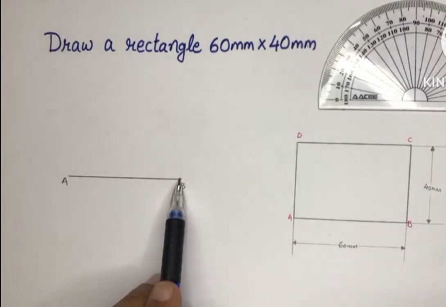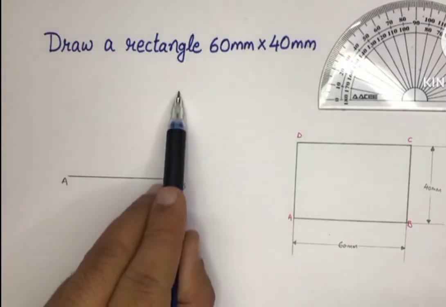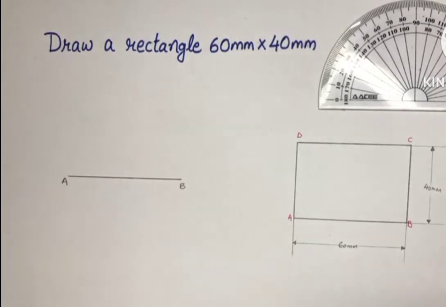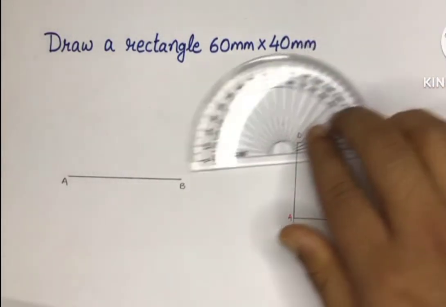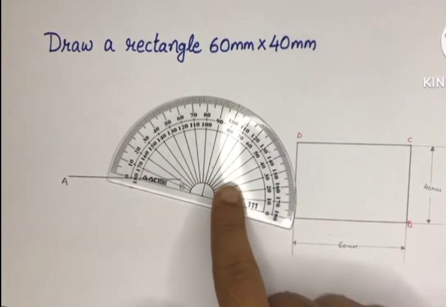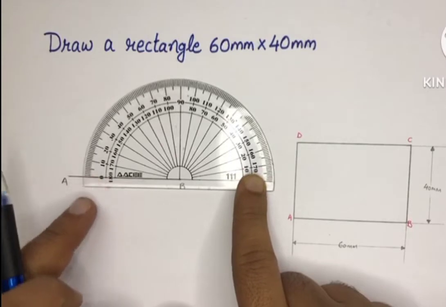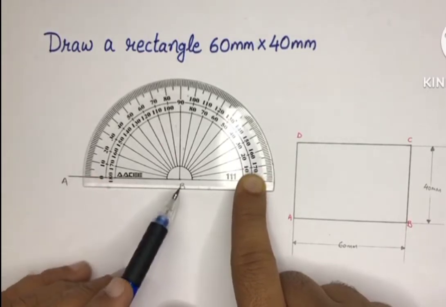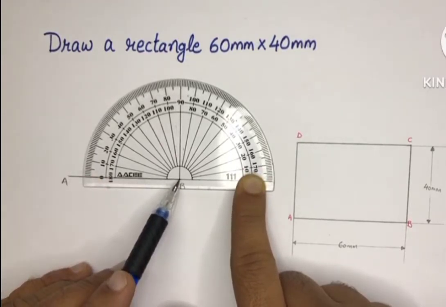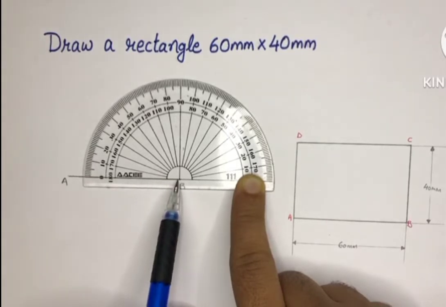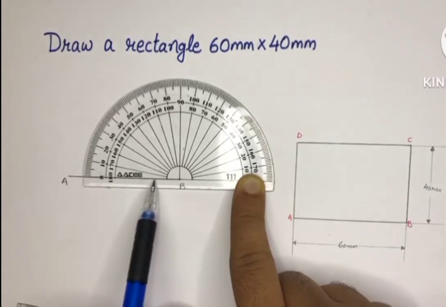So from point B we will draw a vertical line by using protractor. Mark the center of this protractor with point B, and the straight line AB should overlap with this reference line.